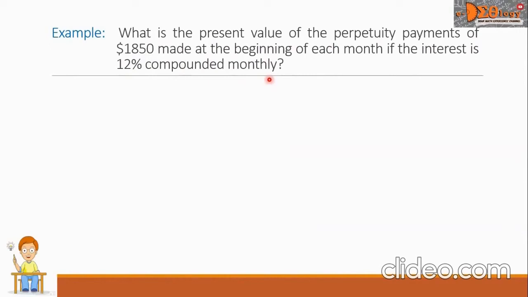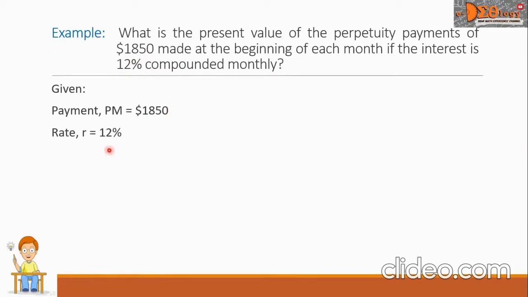Let us write now the given of the problem, starting with the payment, that is PM equals this $1,850. Next is the rate denoted by R, and this is equal to 12%.